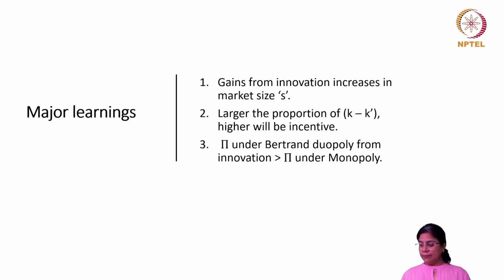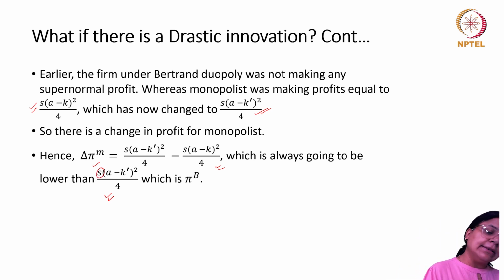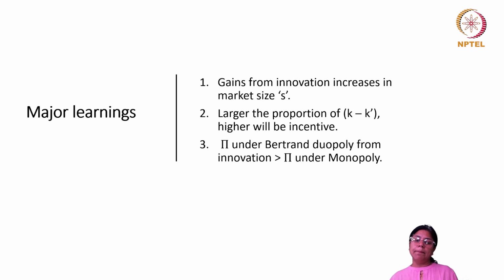So what do we have here? The major learnings from this entire exercise. First, there are going to be gains from the innovation, and those gains are going to increase with S. So where is this S coming into the picture? If you look at all the profit equations that we have got, S is in the numerator, right? So your profits are increasing with S, which we defined earlier as the market size.